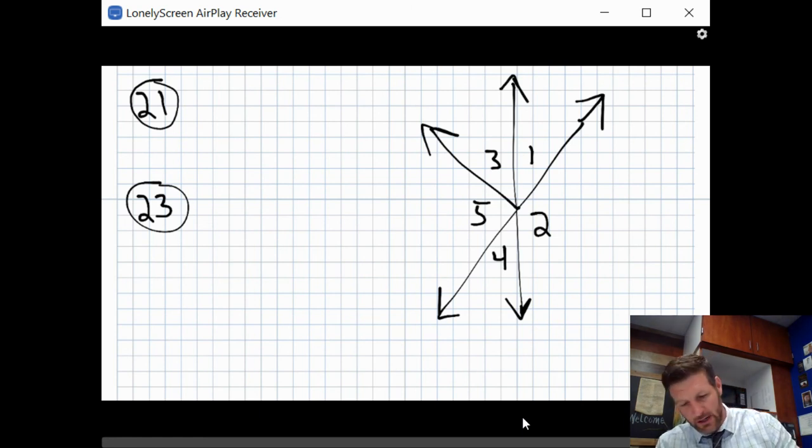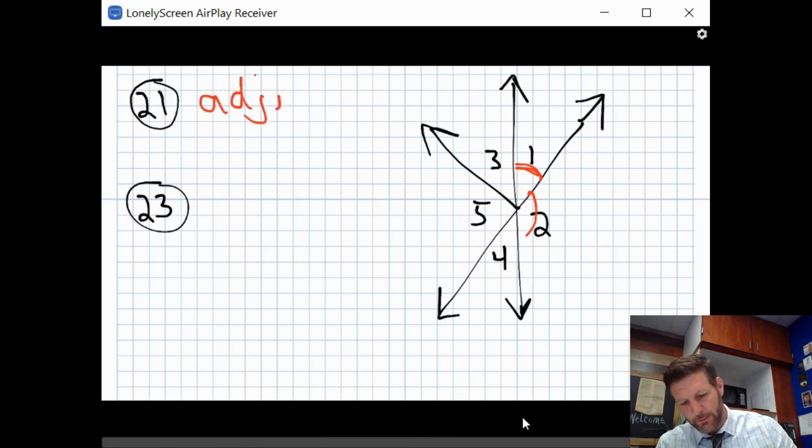So 21 asks for angles 1 and angle 2. Okay, so first thing we can see is if we look, they are definitely adjacent because they are right next to each other. They share this ray right here. Okay, so that means that angles 1 and 2 are definitely adjacent, and I'm just going to abbreviate that, ADJ.